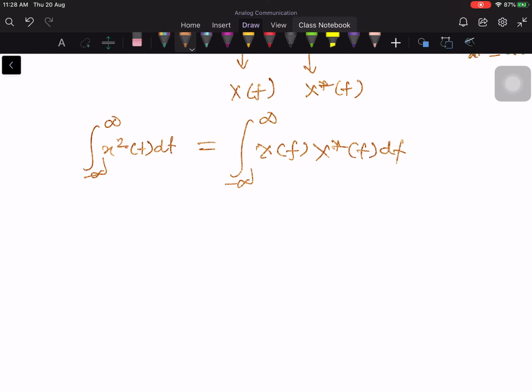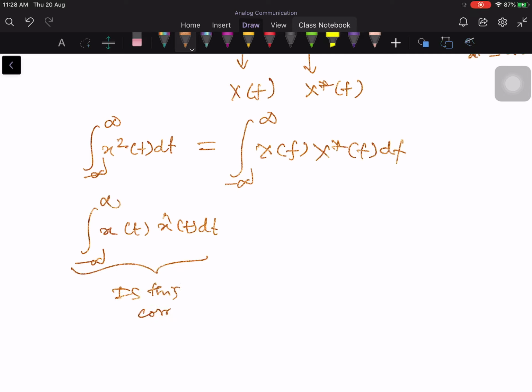Now what you do in the time domain, x square of t is equal to, let me write, x of t times x hat of t dt, and is this correct? From this to here, it is correct because the energy doesn't change if you multiply x of t with x hat of t. Okay, so the corresponding thing in the frequency domain is going to be x of f times x hat conjugate of f into df. Because of conjugation, hold on, I made a mistake.